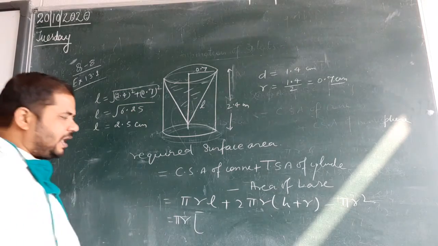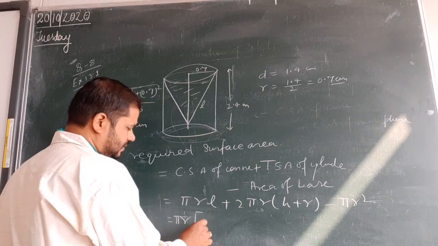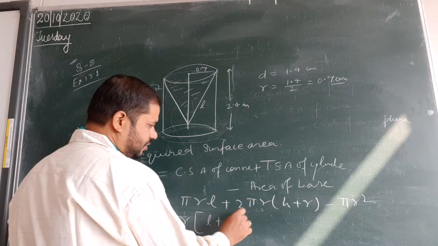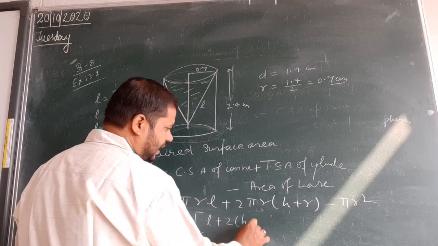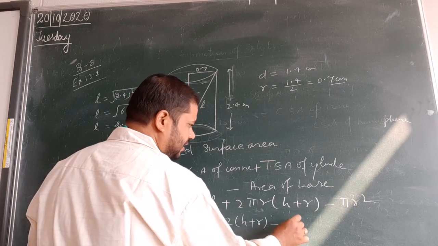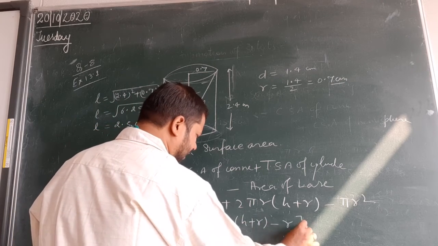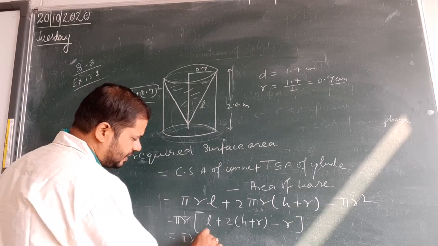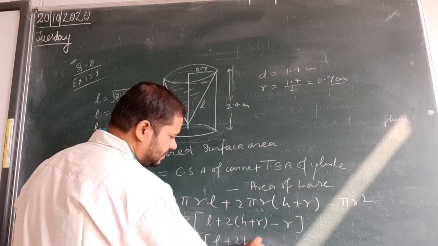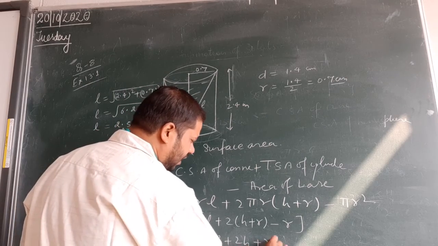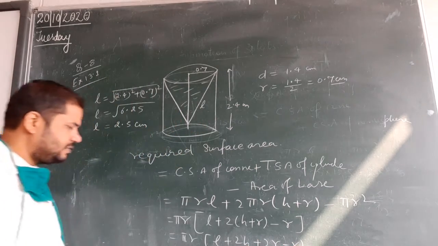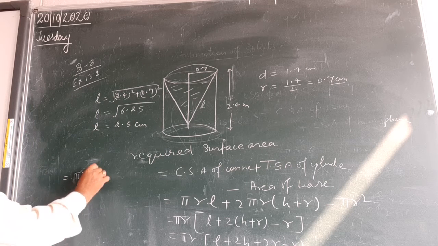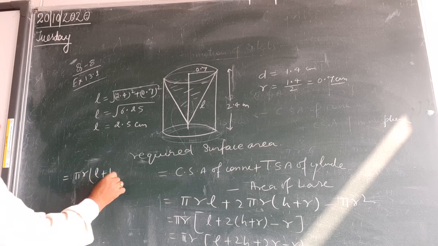So what we will have: L plus 2h plus 2r minus r. So this will be nothing but pi r (L plus 2h plus r).